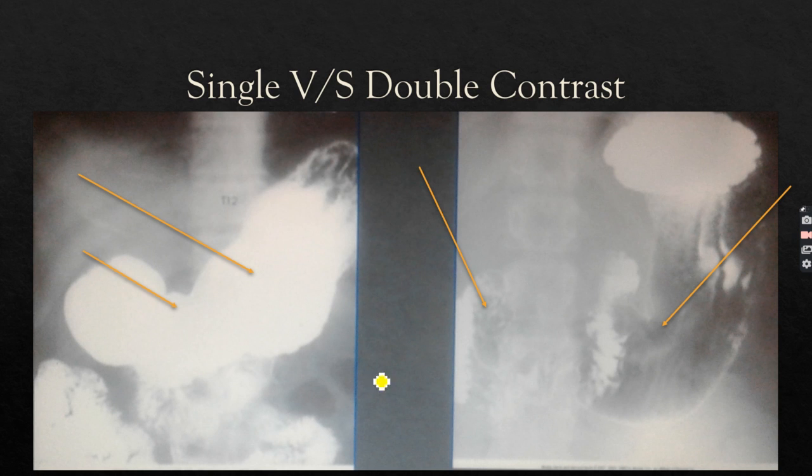So in single contrast, only barium is there. In double contrast, barium along with air, or to be more specific, CO2, right? Double contrast. This is single contrast. You can see the outline of the stomach as well as the duodenal cap and duodenal loop, C loop, and this is the double contrast. Here you can see the presence of air also and the barium also.